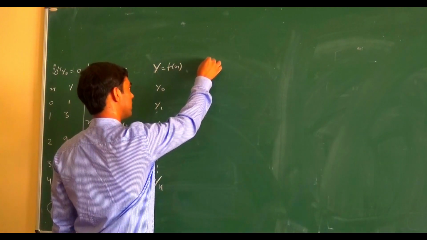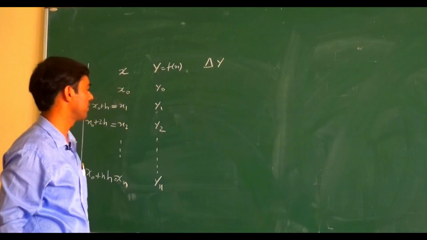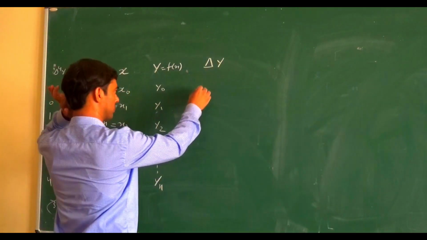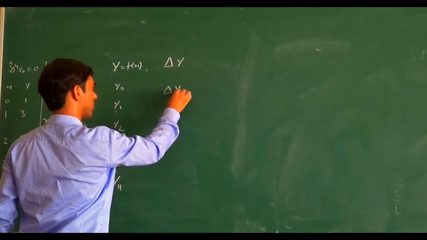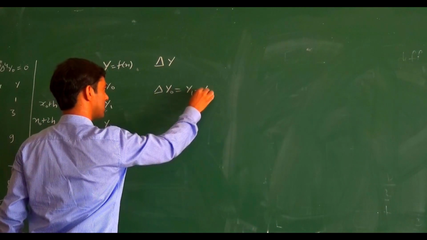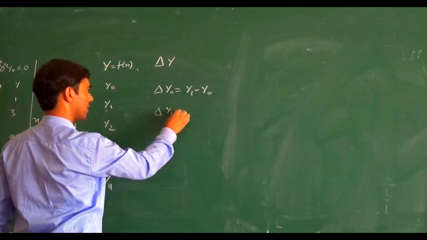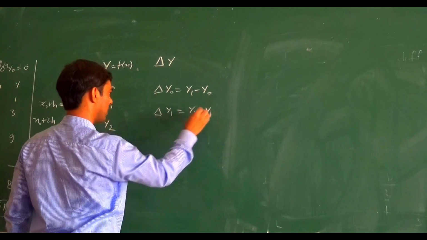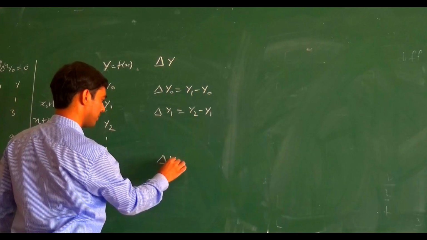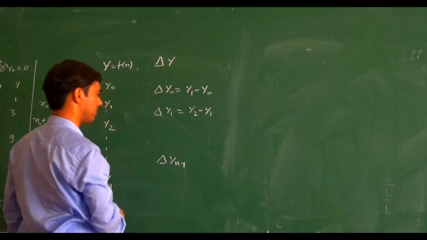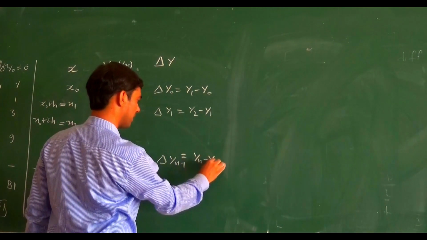Similarly, what are the first order differences? This is denoted by del y. So del y0 equals y1 minus y0. Similarly, del y1 equals y2 minus y1. Similarly, the last one, del y n minus 1, equals yn minus y n minus 1.